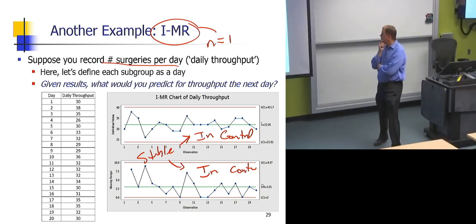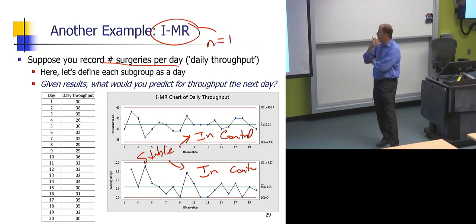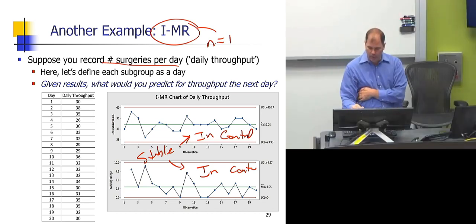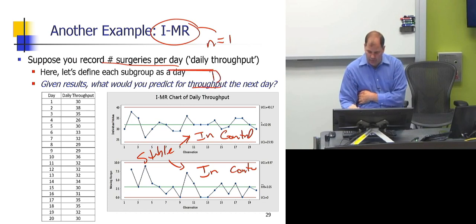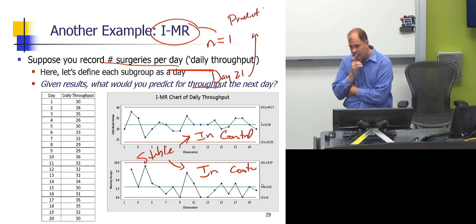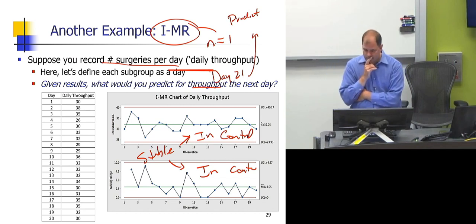Now, this is important. Because my process is in control or stable, what would I predict as my number of surgeries per day on day 21? I want you to predict throughput on day 21. What would you predict as your throughput? Anybody?